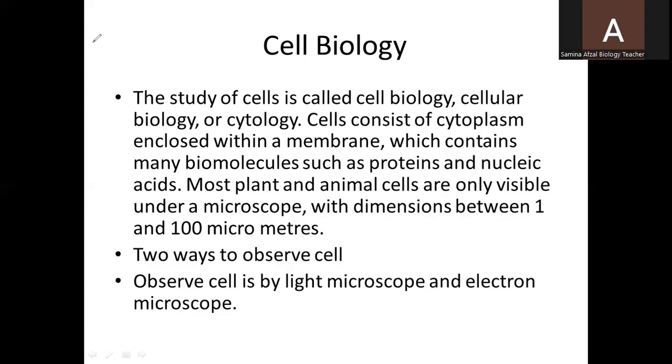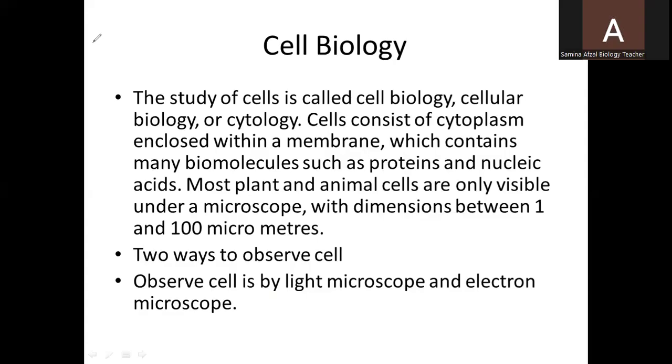Most plant and animal cells are only visible under a microscope. They are very small in size, but if their dimensions are between 1 and 100 micrometers, they can be observed under the microscope.